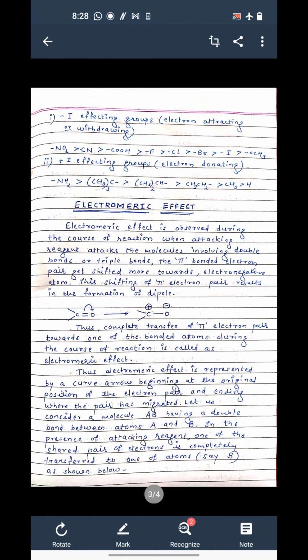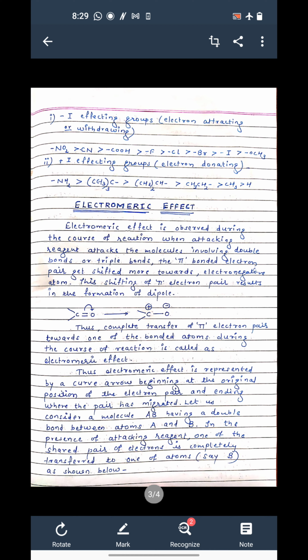Likewise, the plus I effect groups are the electron donating or electron pushing groups. NH2 is the strongest group, followed by the trimethyl compound, then dimethyl compound, ethyl compound, then methyl, and then last hydrogen. So this is all about inductive effect.